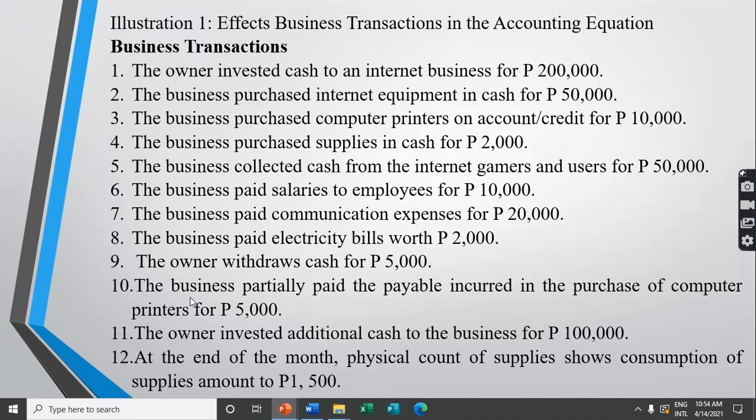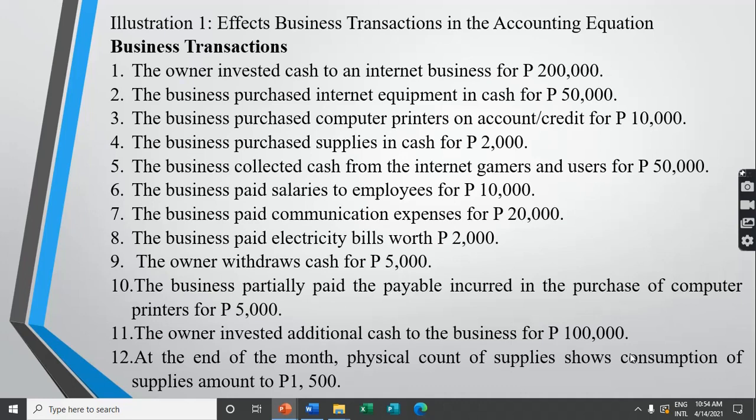And the business partially paid the payable incurred in the purchase of computer printers for 5,000. Next is the owner invested additional cash to the business for 100,000. And lastly, at the end of the month, physical count of supplies shows consumption of supplies amounting to 1,500.